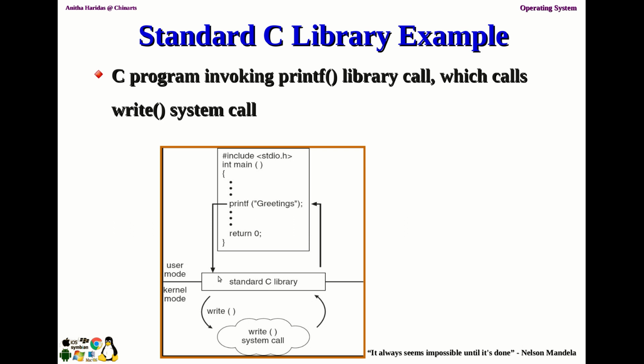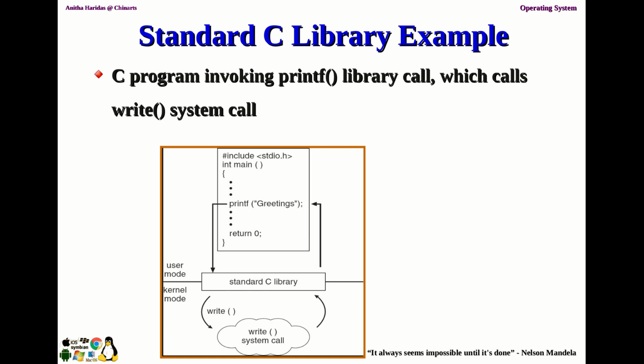So when the printf function is transformed into a system call function, automatically it will enter into the kernel mode. So this is how the system call functions. Whenever you have any input output operation, it goes into the kernel mode and the corresponding system calls will be used for getting the services.